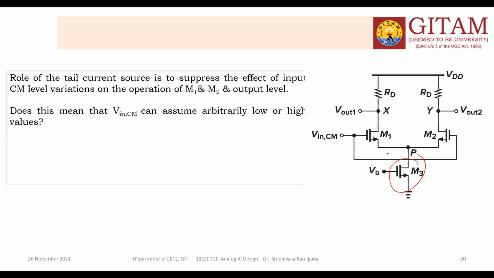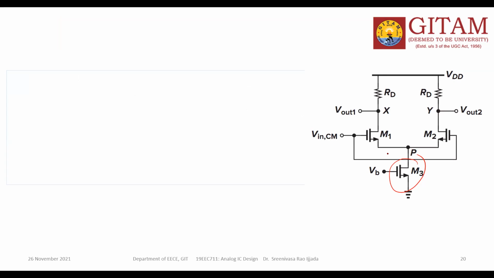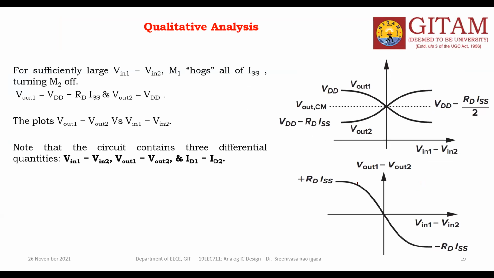Suppose you take this picture, this is the linear portion. What do you mean by linear portion? As the voltage increases, the corresponding current should increase. That you can call a linear region. If you increase the voltage and there is no change in the current, it is not linear.